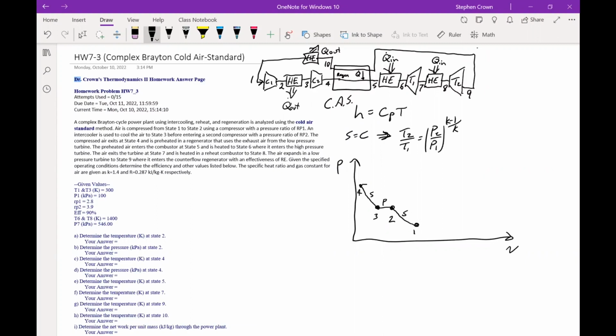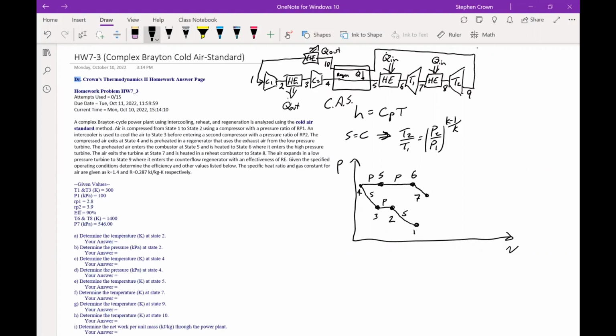Then there's some heating to state 5 in our heat exchanger. So that's constant pressure since it's an open system. And then we have another heat exchanger that continues to heat it at constant pressure to state 6. Then we go into a turbine, so the pressure will drop. It doesn't have to match this other pressure.